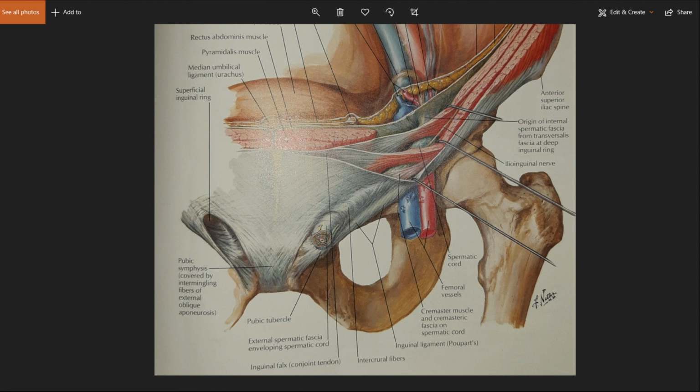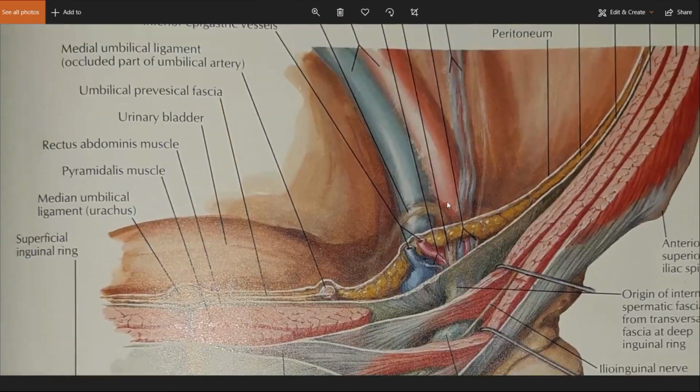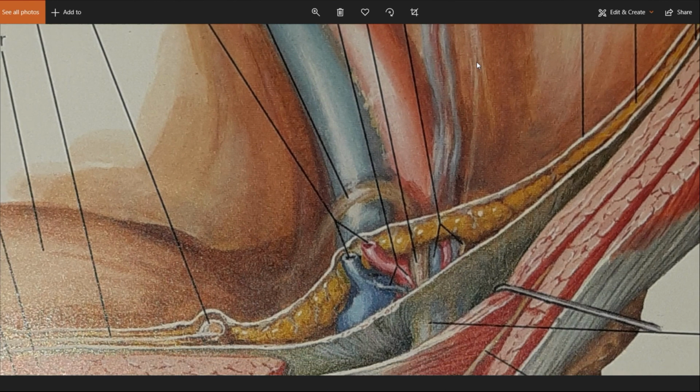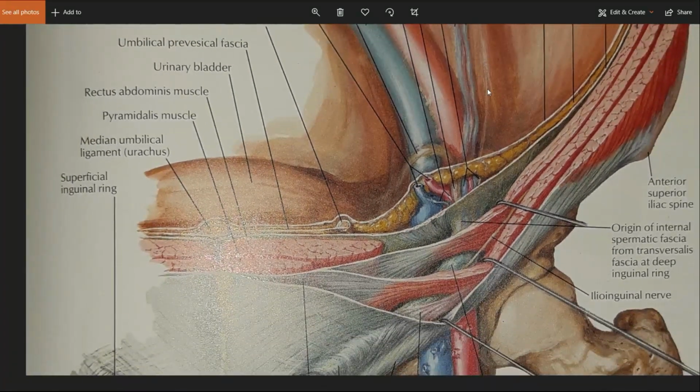As far as nerves are concerned, as you can all see in this diagram, or rather in this atlas, do you see this nerve? This is the genital branch of the genitofemoral nerve. This is also entering the spermatic cord.